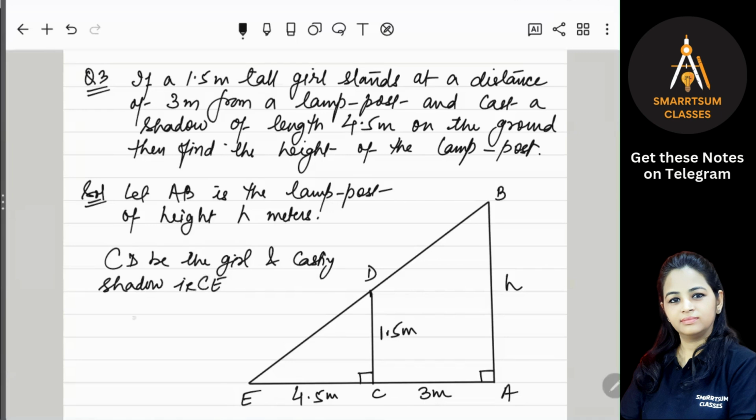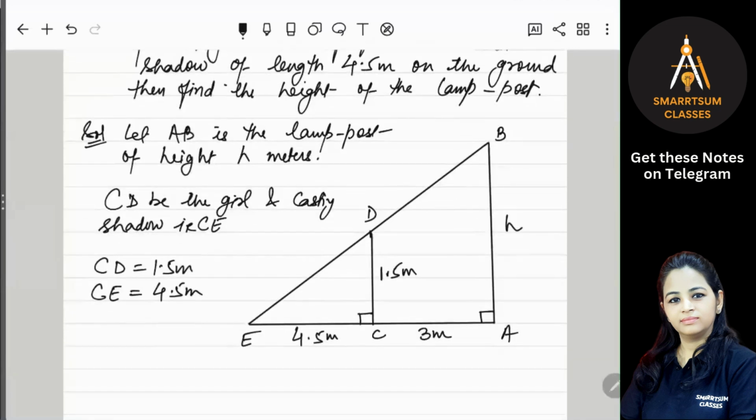So CD is given in the question as 1.5 meter, that is the height of the girl. CE is the length of the shadow cast on the ground, the shadow of the girl. And AC, the distance of the girl from the lamppost, is 3 meters. So this much is given, and we have assumed that the height of the lamppost AB is H meters, and we have to find this H.